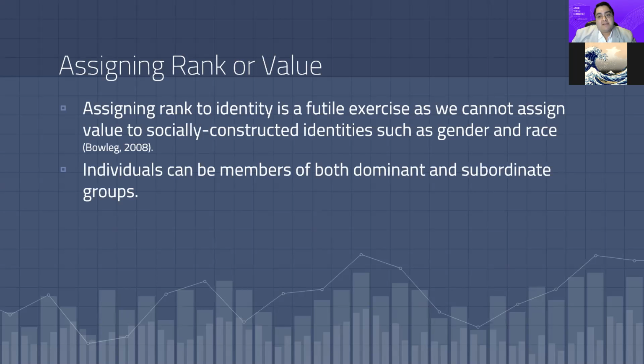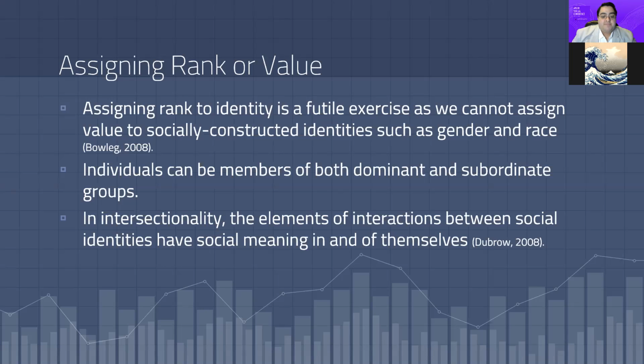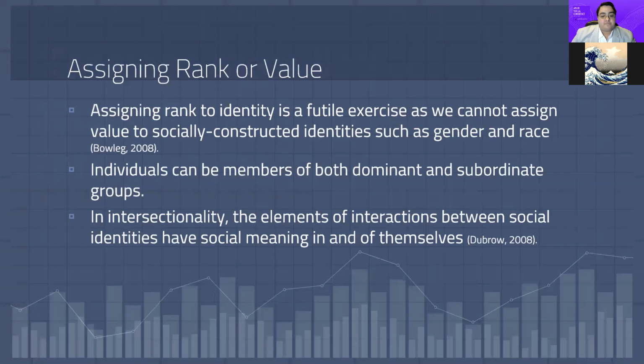So using an additive approach, some of these identities may cancel each other out and zero out. And in those models, it will be difficult to capture what intersectionality means at the individual level of experience for those individuals. And so in intersectionality, the elements of interactions between social identities also have social meaning in and of themselves, which again is a point I'm driving at multiple times here.